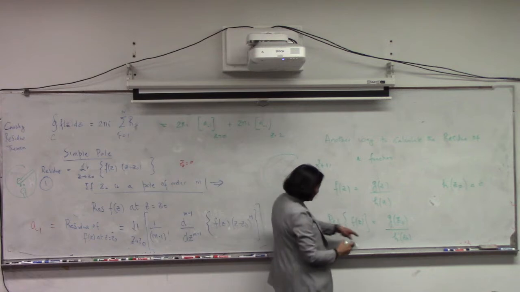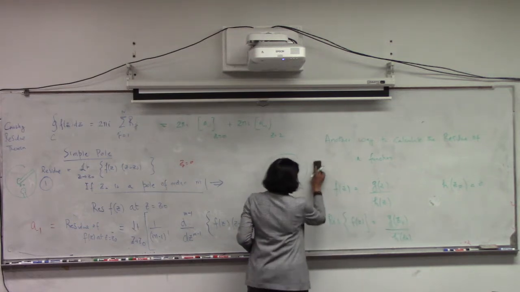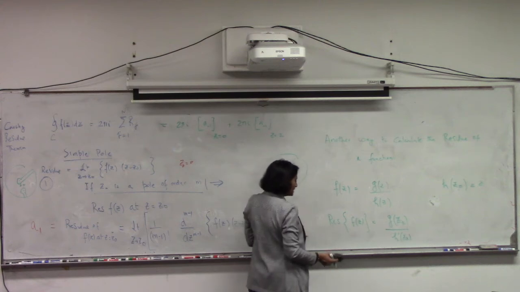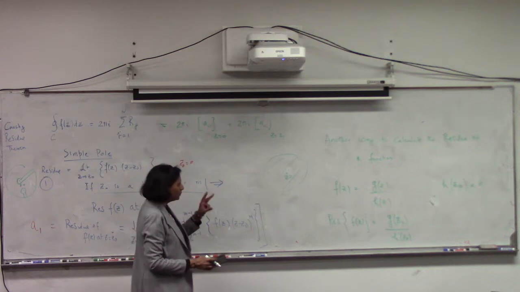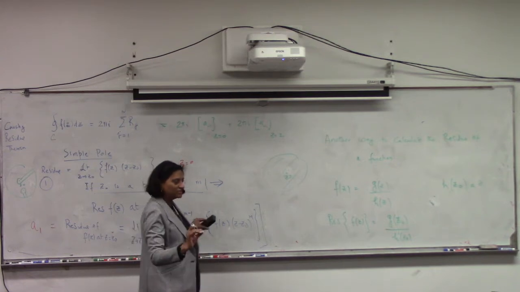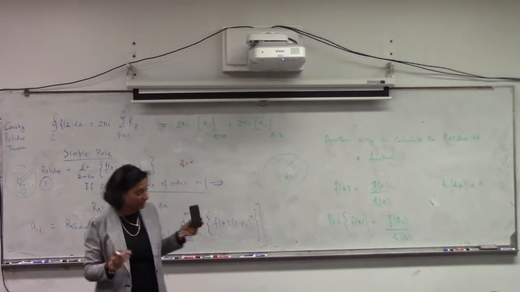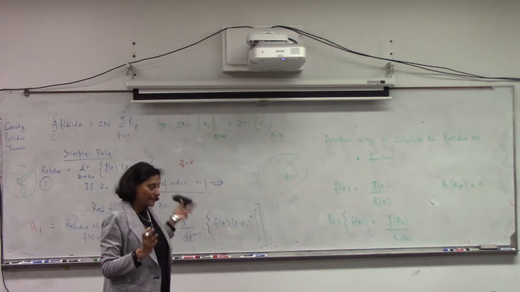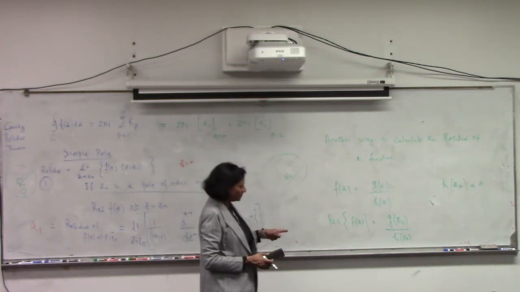So you have to calculate both of them, of course, at both locations. It may be useful in certain cases. It's even easier than differentiating, because you just have to take the derivative of the denominator at the place where the root of the function is, and evaluate it. It's a much simpler expression.